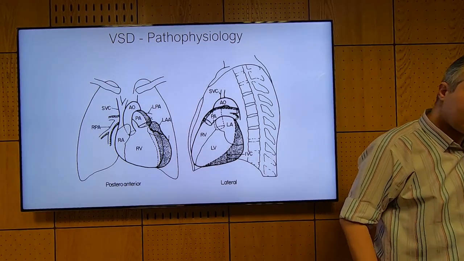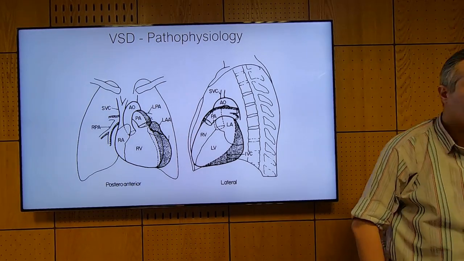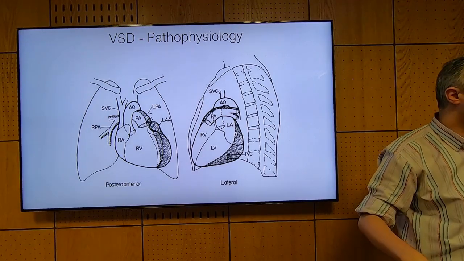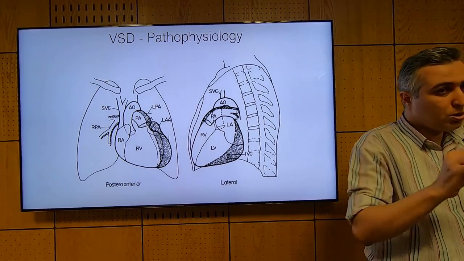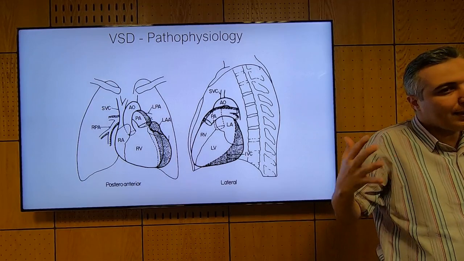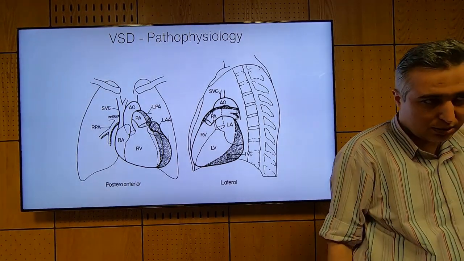Okay? So there is flow of air across that defect. But then would the pressure in this room become equal to the pressure outside? No, because the hole is really small, so it restricts flow so that it does not allow equalization of pressures. So this is a restricted defect.